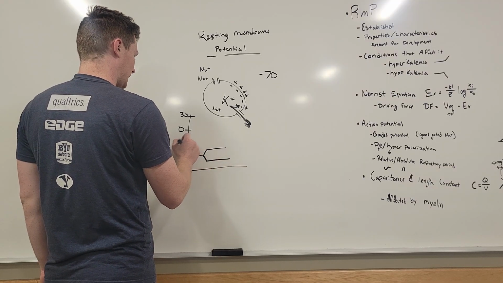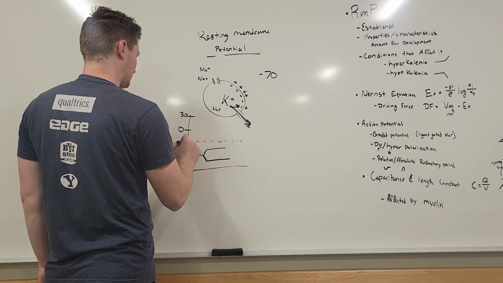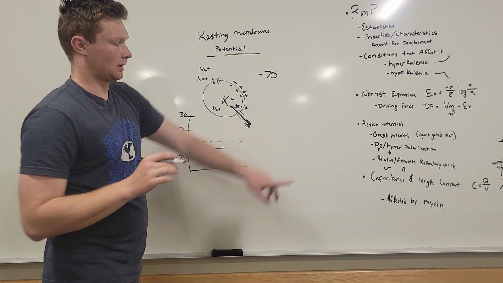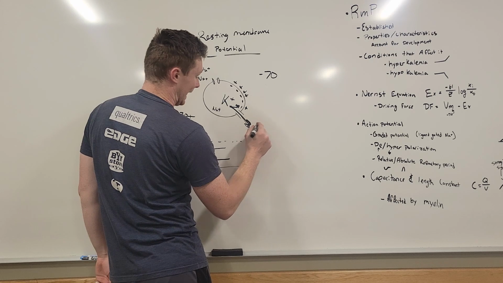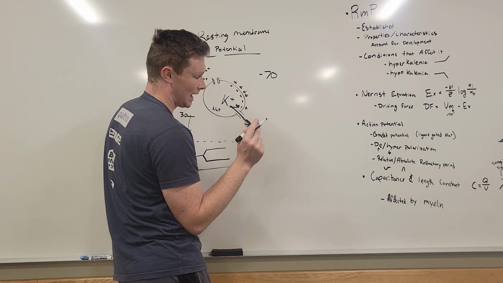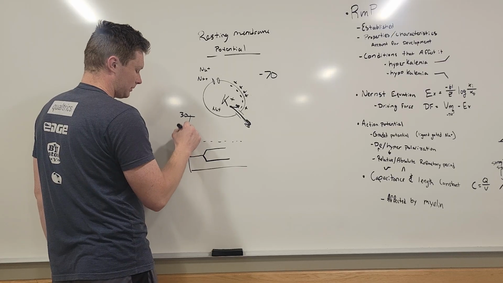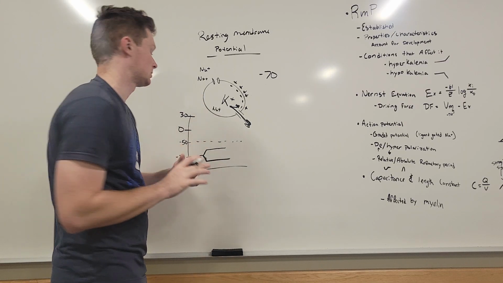There's a threshold at about, we're just going to say -50, right? And we'll talk more about this when we talk about action potentials. But just know hypercalcemia and hypocalcemia will either raise or lower the threshold. And that's important to action potentials.